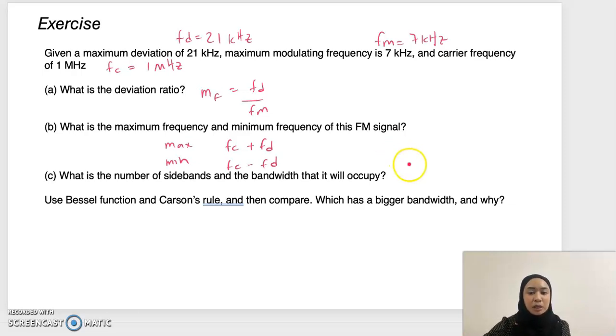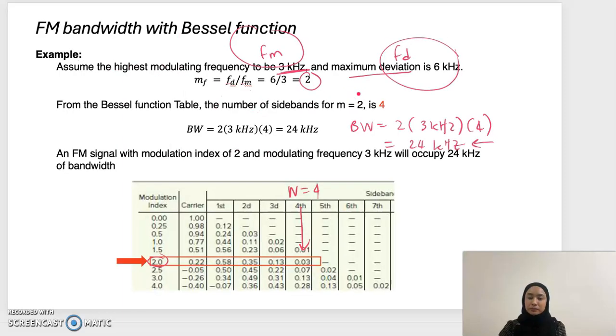Now this is going to be dependent on your modulation index. So if you were to solve this, 21 divided by 7 would give you a modulation index of 3. So a modulation index of 3 would correspond to this row over here in the table, whereby we have our carrier is negative, and then we would have 1, 2, 3, 4, 5, 6 sidebands.